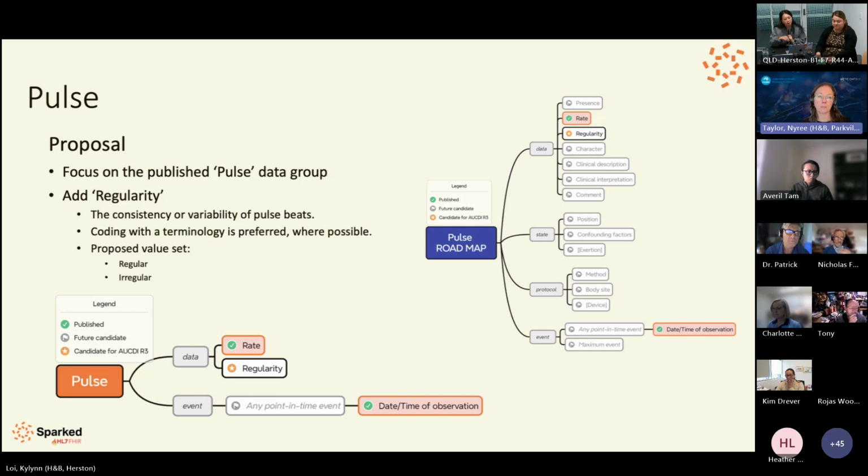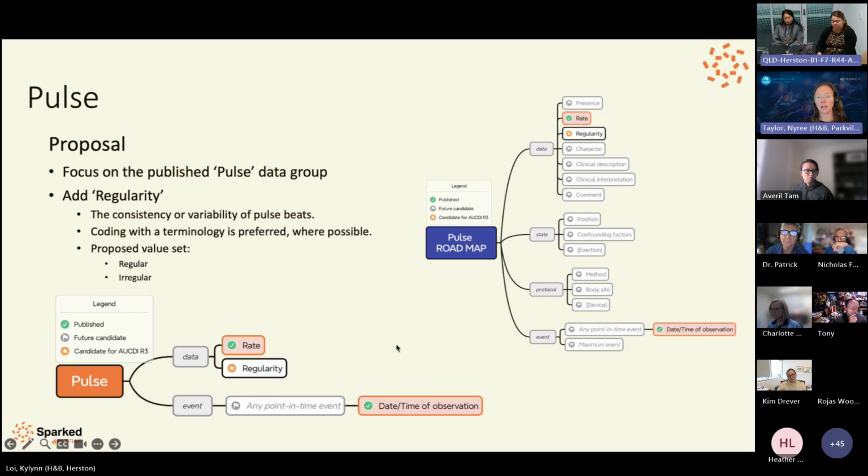And we talked about it amongst ourselves in the Sparked team about what it was that was really needed in this particular requirement here. And the value set that was proposed was regular or irregular. So we already have a pulse data group that's been previously published.